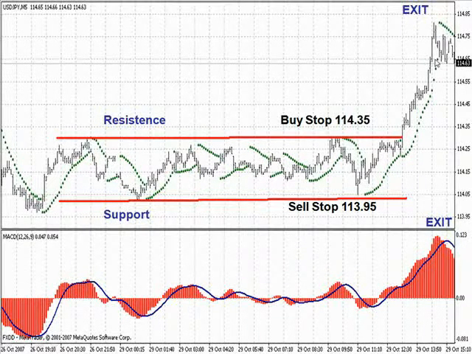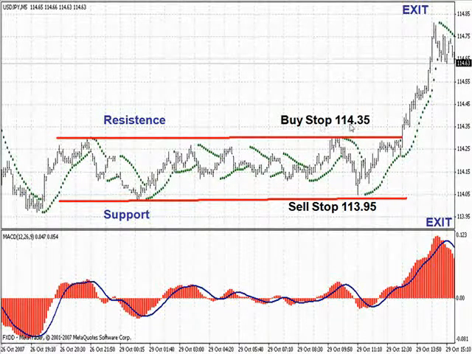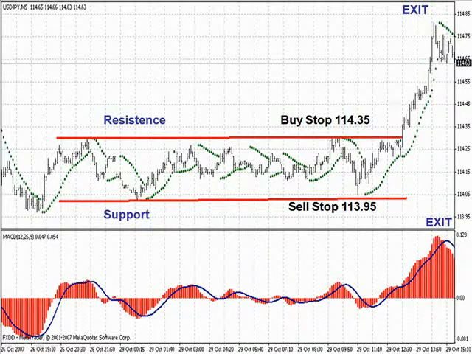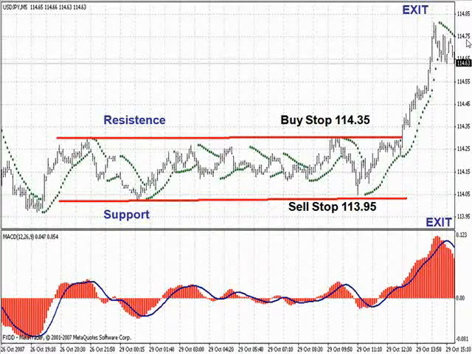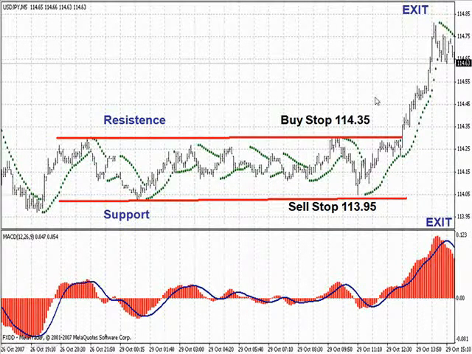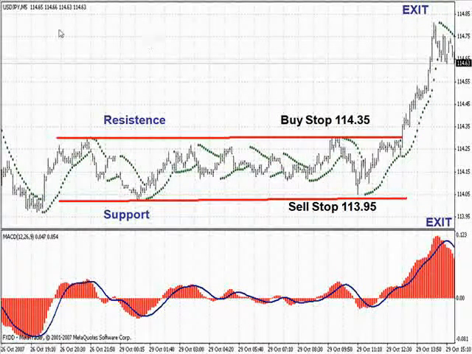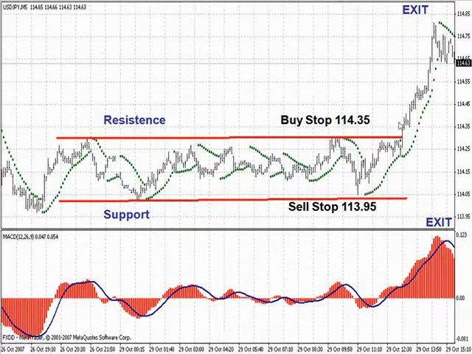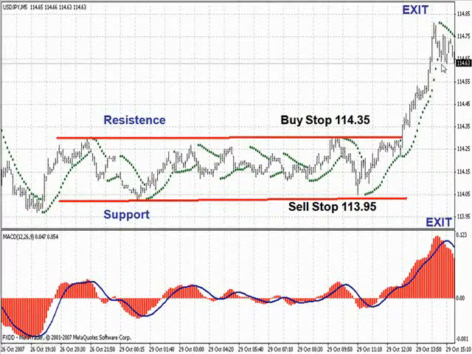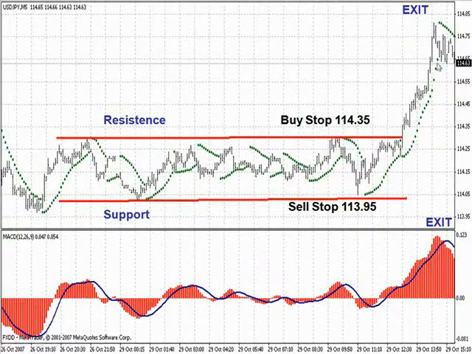So when the parabolic goes above, and there's a MACD crossover on the top, at that point you exit. So let's say we bought at 114.35, we exit at 114.75. That's about 40 pips, and it's a 5-minute chart. So you notice that in just a few minutes you made about $400.